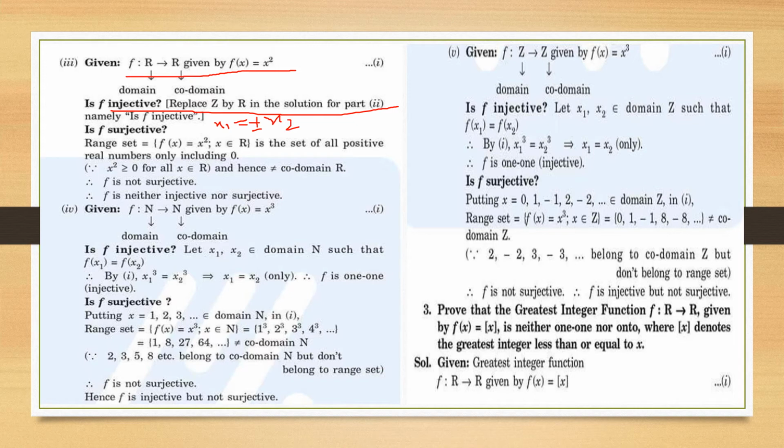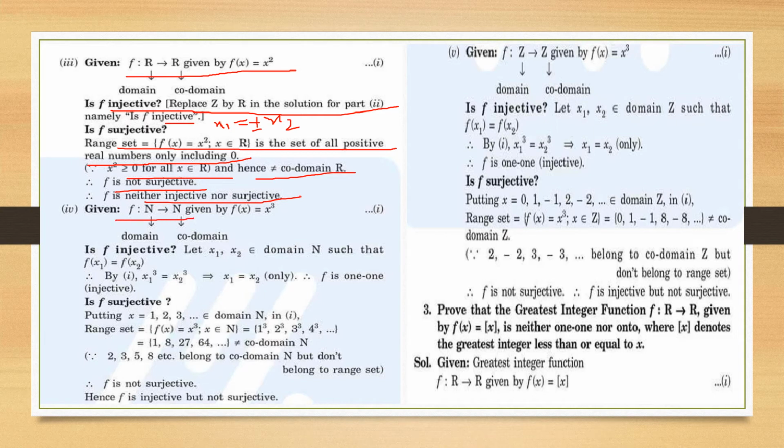So this function is not 1-1. For surjective, let us see the range set, the set of all positive real numbers, because x² is always positive. The square of any number will always be positive, which will not cover the complete codomain R, the real numbers. So again, it is neither injective nor surjective.